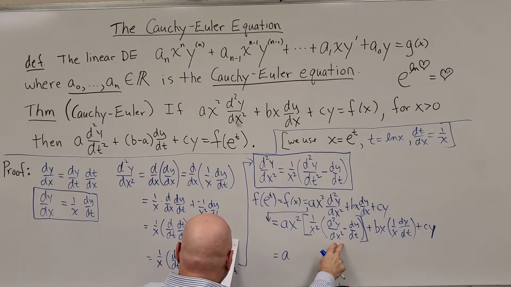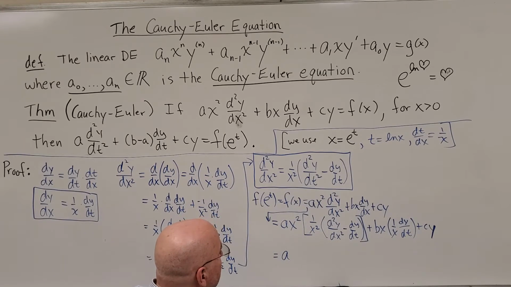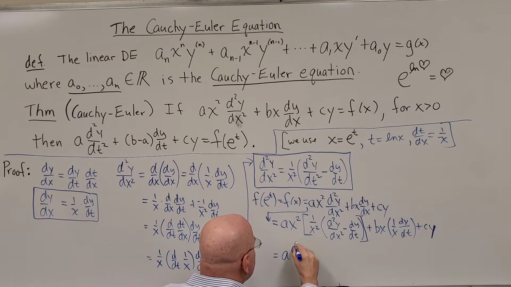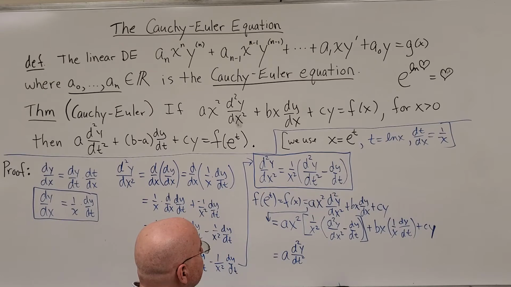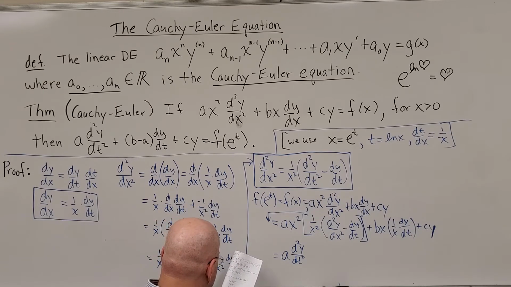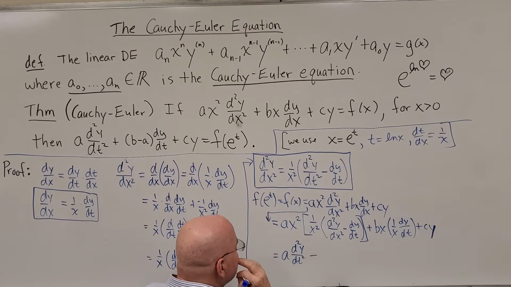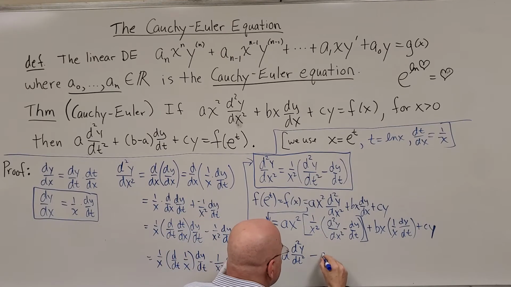So this is d squared y/dt squared, just kind of multiplying this through, minus a dy/dt.